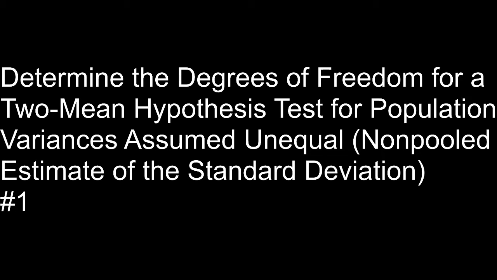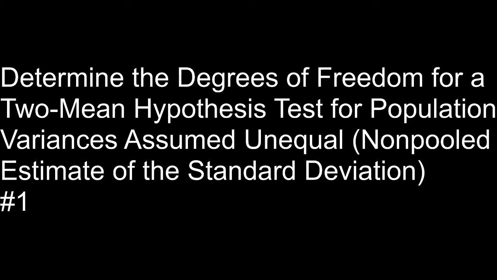This video is on the objective: determine the degrees of freedom for a two-mean hypothesis test for population variances assumed unequal. Remember, from previous videos, when population variances or population standard deviations are assumed unequal, this is a non-pooled scenario.